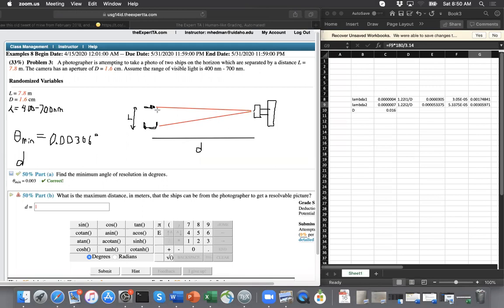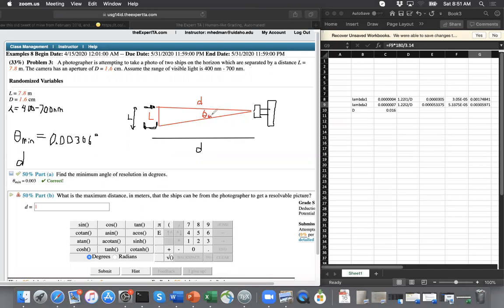This is a length L, and depending on how you draw it, you can pretend this is a right triangle with base L, so this distance is L, and this distance is D. And this angle here is theta min.